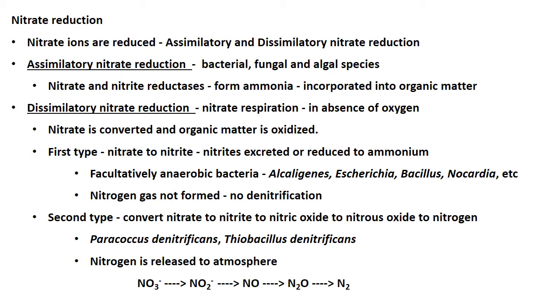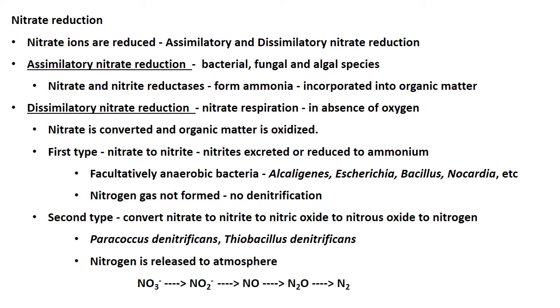Nitrate reduction. This is the process by which nitrate ions are reduced. There are two types of nitrate reduction: assimilatory nitrate reduction and dissimilatory nitrate reduction. Assimilatory nitrate reduction is done by a heterogeneous group of microorganisms including bacteria, fungi and algal species.